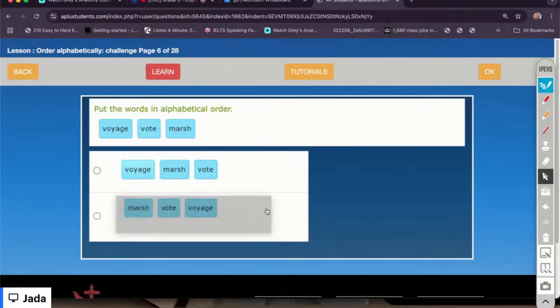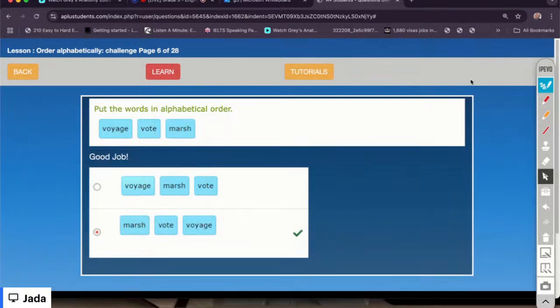So we have option two also because mash is M. M comes before V, so mash goes first.